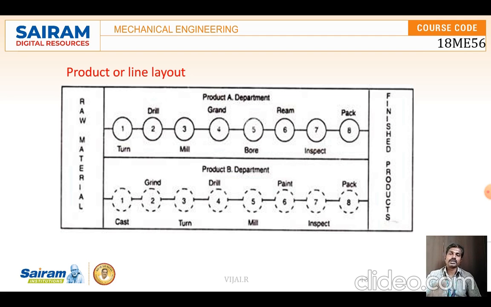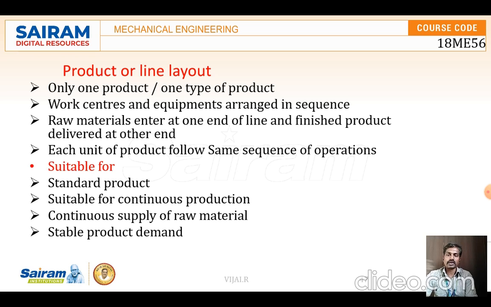So it is called a product layout. Clear? A layout is made for a particular type of product. The sequence is arranged so that only this product can be made in this manner. Another product cannot go through that layout. If the product is fixed and the layout is decided for it, it is a product layout.